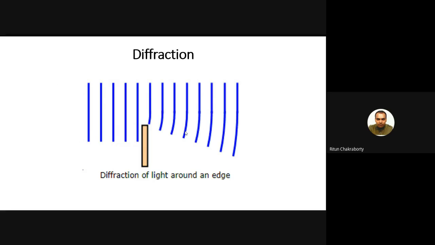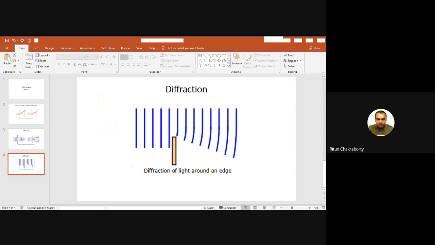So the bending of light about an edge into the geometrical shadow is the definition of diffraction of light. I hope the definition of diffraction of light is clear to you now.